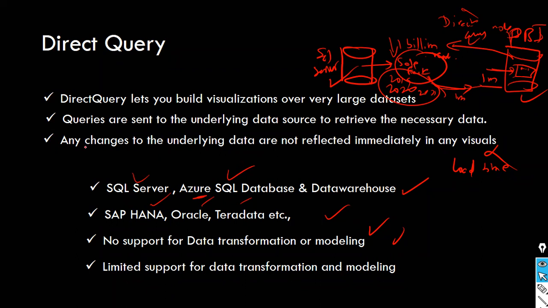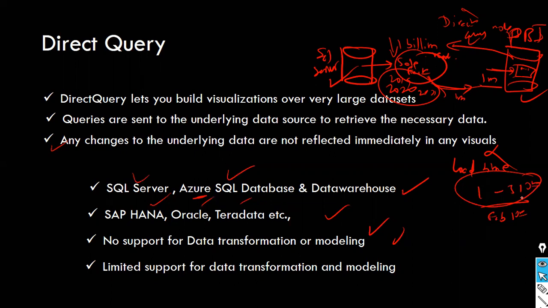The other point you need to remember is that any changes to the underlying data are not reflected immediately in the visuals. For example, 1 month of data, let's say January 1st to January 31st. If you run a query or create a report on Feb 1st, then you will get all the data from Jan 1st to Jan 31st.